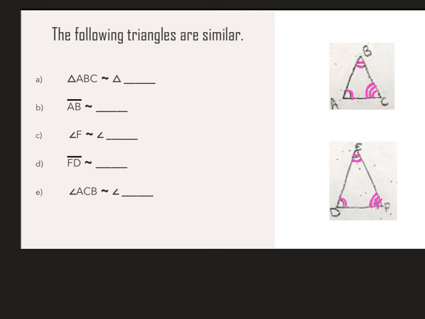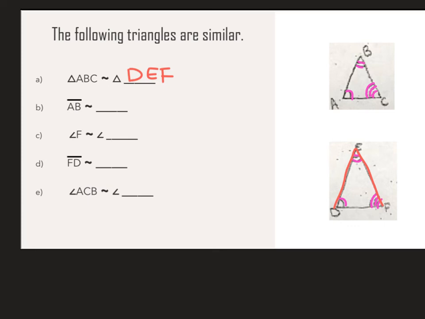That's just a different way to show which angles are corresponding to the other angle in the other figure. So in our triangle ABC, that is similar to DEF. So they had our little triangle symbol for us. We have to write DEF.